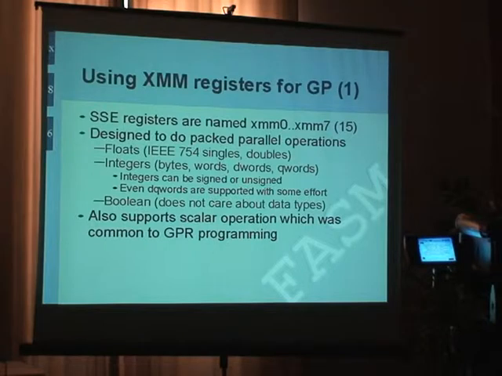With floats you could do 4 single or 2 double operations in one cycle. And you can also use integers by byte, word, dword and qword. The integers can be signed or unsigned. It's completely dependent on the programmer, and even double quad words are supported with some effort.